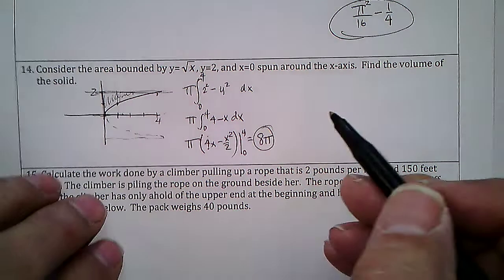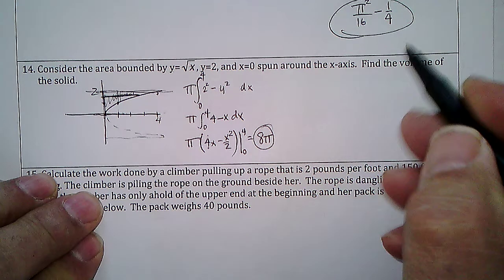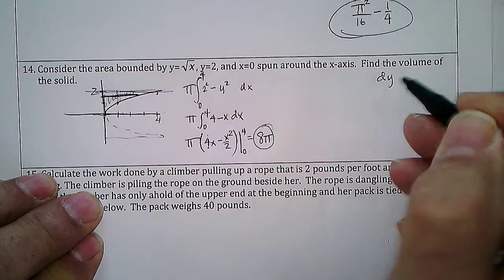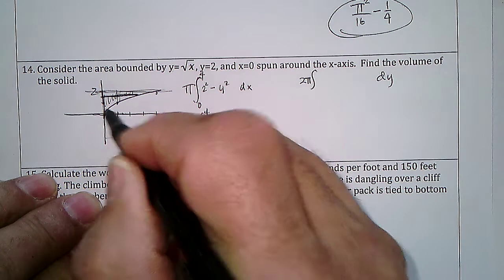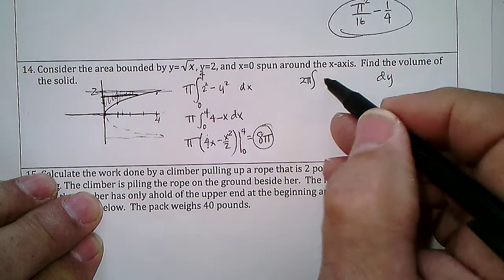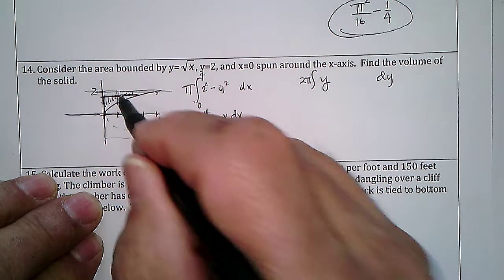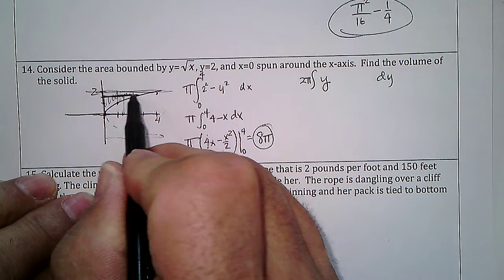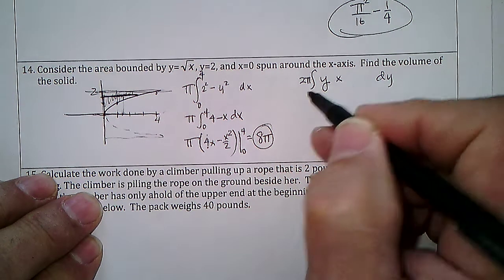Let's do shell method. So if I'd made a slice this way, it would be dy, and it's 2 pi. The radius would be just y. That's how high it is. Up is y. And its length would be out to whatever x value that is.